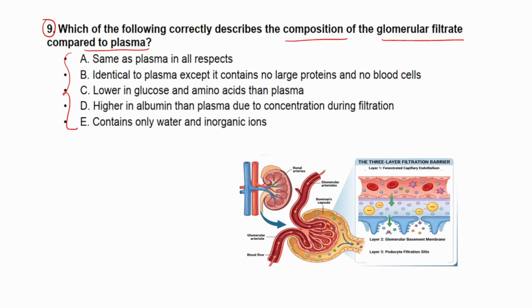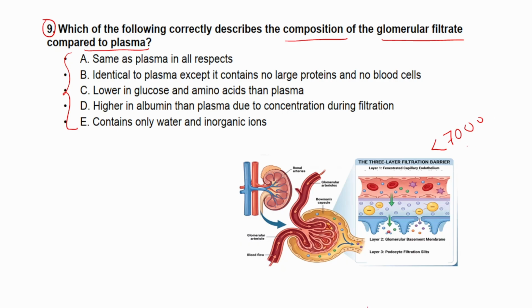This complex barrier acts as an ultrafiltration sieve that discriminates solutes based strictly on their molecular size and net electrical charge. Molecules with a molecular weight below 7,000 daltons, such as water, amino acids, glucose, urea, and electrolytes, pass through with complete freedom, ensuring their concentration in the initial filtrate is identical to plasma.